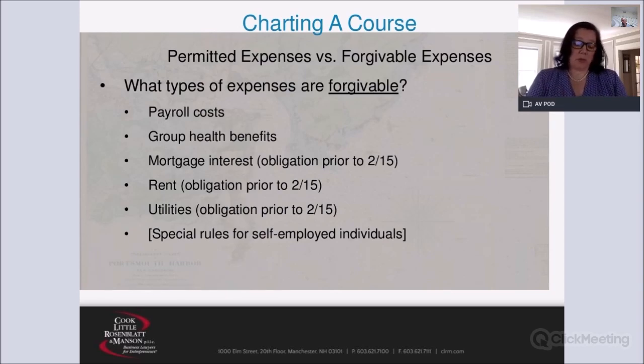And that has led to some real problems for employers because the loan amount is equal to 2.5 times the historic payroll number. So employers are receiving above 100% of their payroll costs.